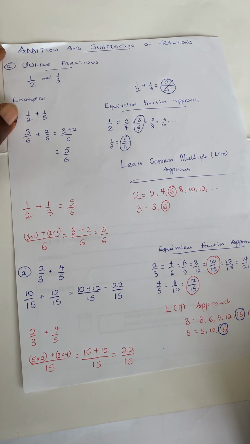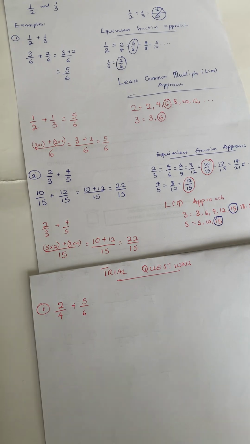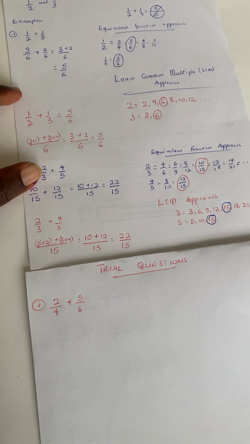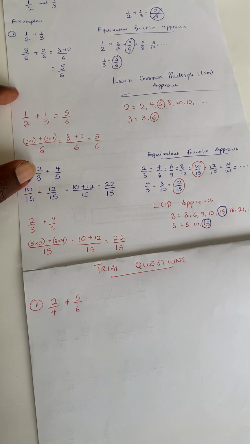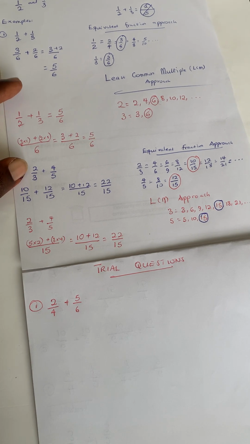All right, let's take this question as we try them on our own. So let us try this question: 2 over 4 plus 5 over 6. Please do well to pause the video and apply the approaches that you have used. You're not supposed to do both, but to choose the one that you are very conversant with, or you understand the most, and you apply it.